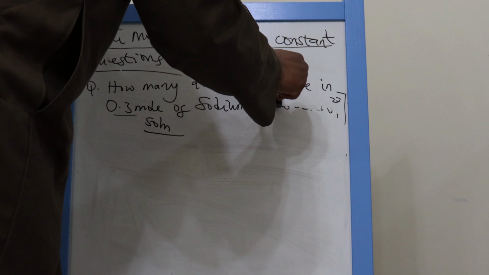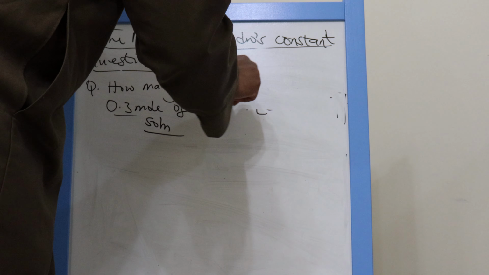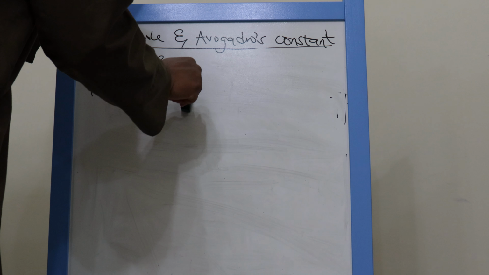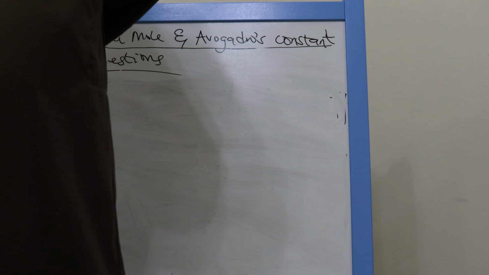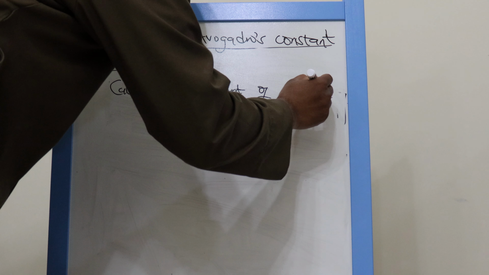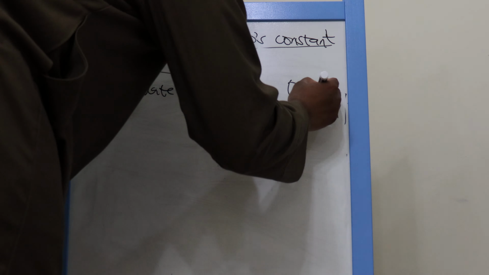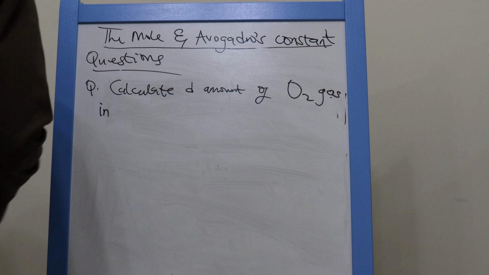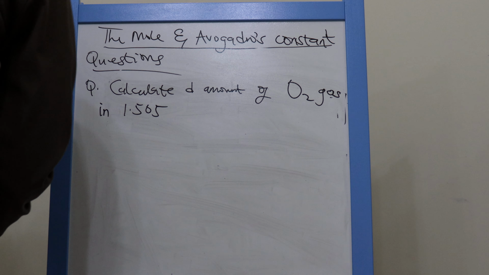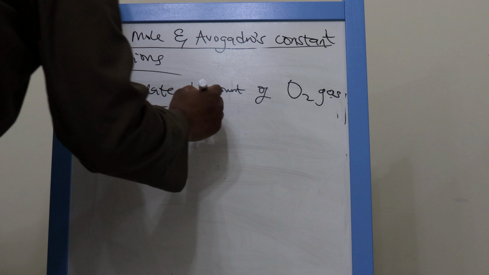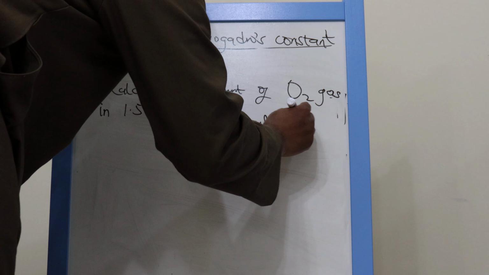The next question says, calculate the amount of oxygen gas in 1.505 times 10 to the exponent 23 molecules of the gas.